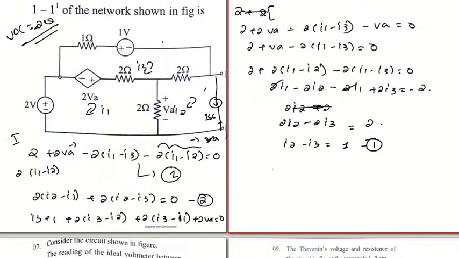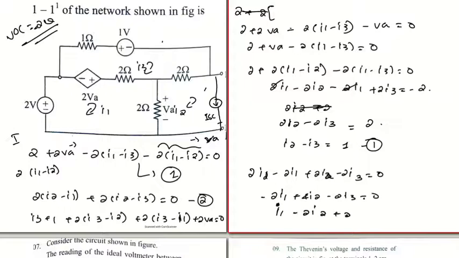And now coming to the second equation, opening the bracket, you get 2I2 minus 2I1 plus 2I3 minus 2I3 equal to 0. So I get I1 minus 2I2 plus I3 equal to 0. So that is the second equation.